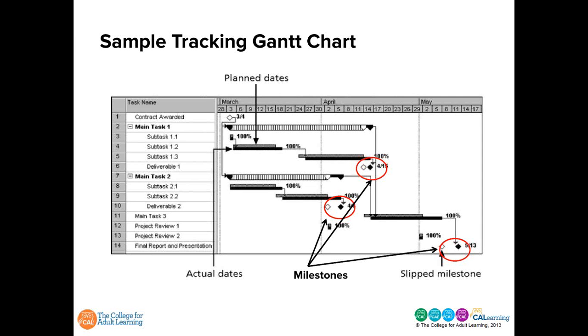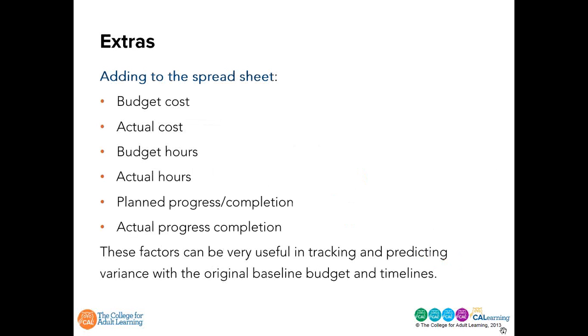So that's pretty much the content of a basic Gantt chart. The software will automatically calendarize the chart for you. Of course, there's much more you can put into spreadsheets, such as budget cost, actual cost, budget hours, actual hours, planned progress and completion, actual progress completion.